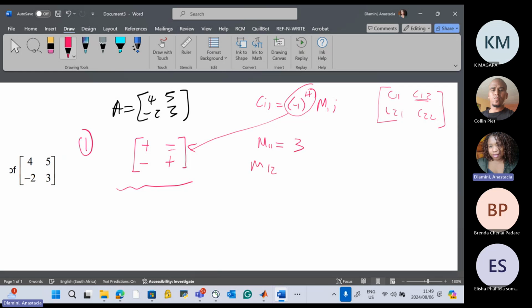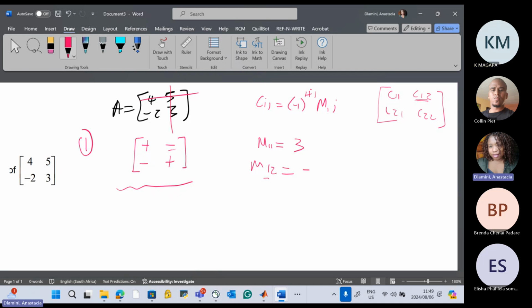So for M12, which row do we cancel? Row 1 and column 2.